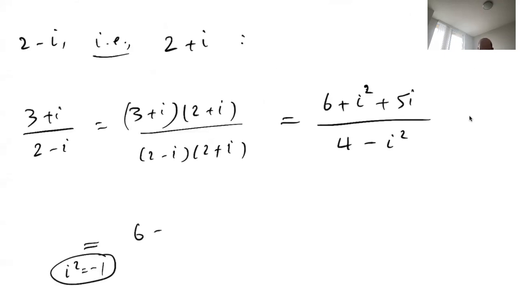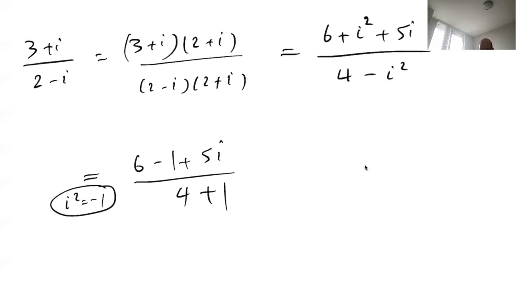So 6 minus 1 plus 5I, divided by 4 minus I squared, but I squared is minus 1, so 4 minus minus 1, which is 4 plus 1. So this will be 5 plus 5I divided by 5.